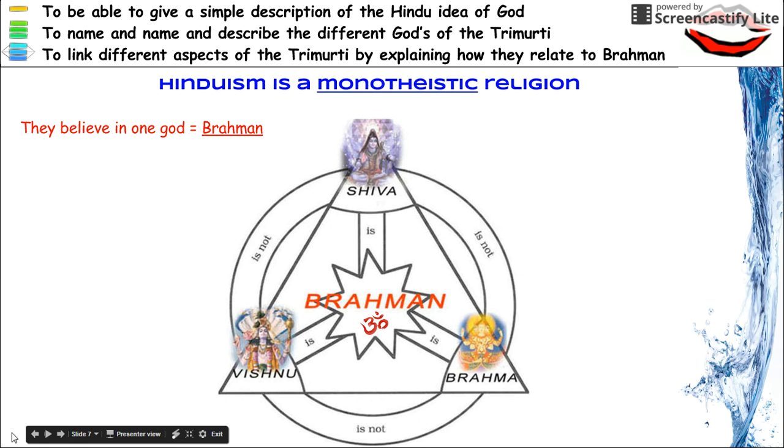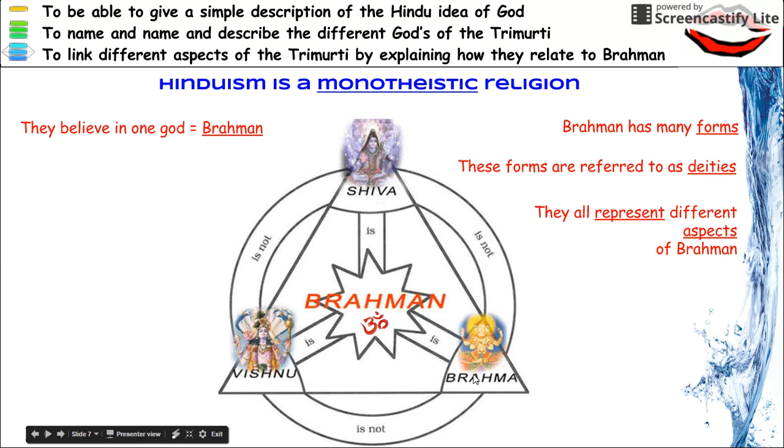So their one God is Brahman, and they break Brahman down into different forms, just like H2O, looking at it in different forms of liquid, ice, and steam. Now, their different forms for their God have a special name. They're called deities. And these deities, these different forms, all represent different aspects of Brahman.